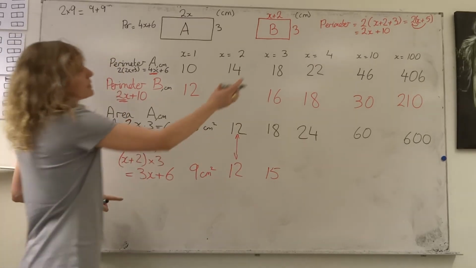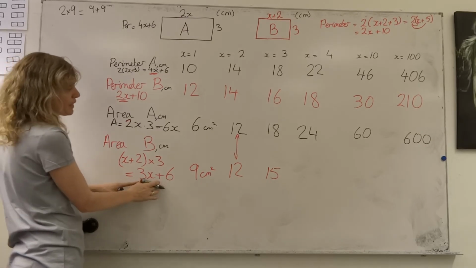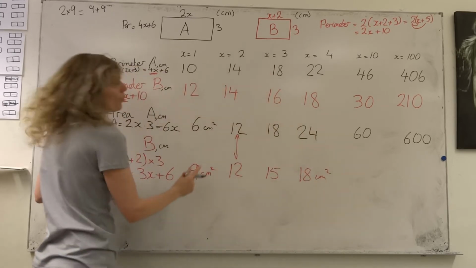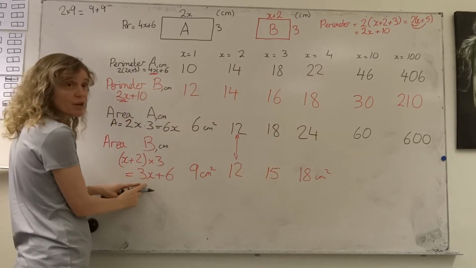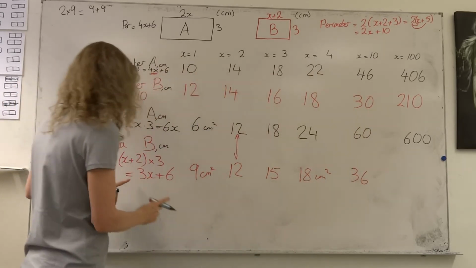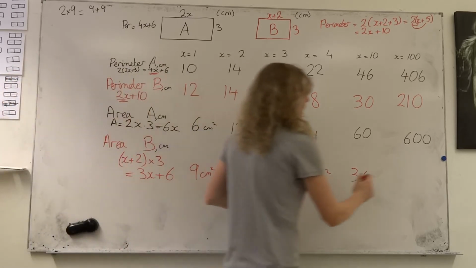When x equals 4, 3 times 4 is 12, 12 plus 6 is 18 centimeters squared. When x equals 10, 3 times 10 is 30, 30 plus 6 is 36. And when x is 100, 3 times 100 is 300, plus 6, 306.